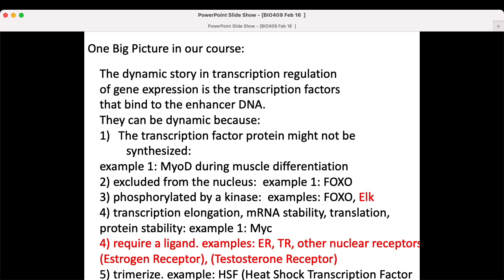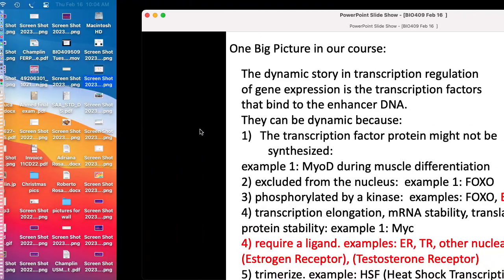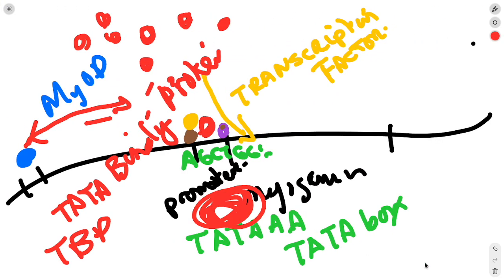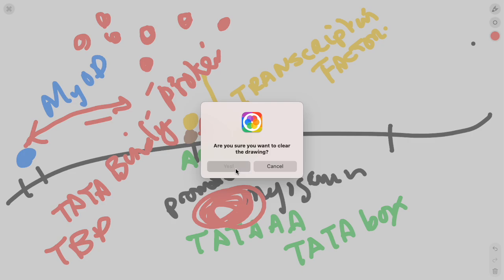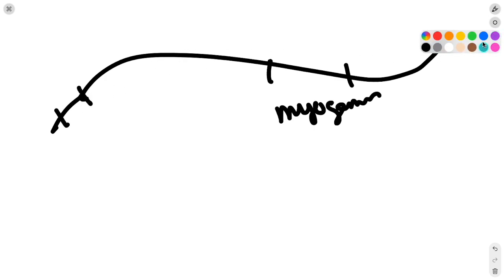Okay, so let's just draw this, and our book has drawings like this in the ninth chapter too. We just talked about MyoD activating myogenin, and that MyoD binds the enhancer, and MyoD is a transcription factor that has to have two parts to the protein.